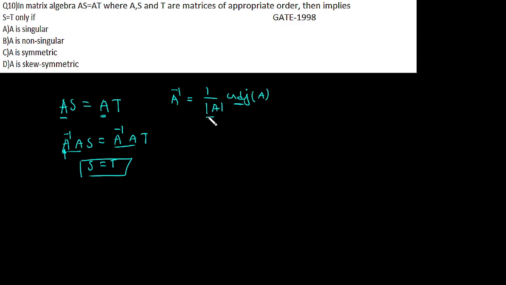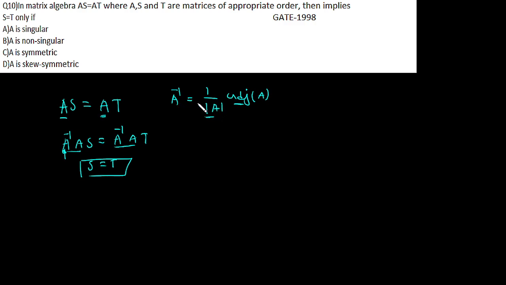But here, if we want to find the inverse, then the matrix A must be non-singular. That means the determinant must be non-zero because we have to divide this adjoint by the determinant. If the determinant of any matrix is zero, that means the matrix is singular, then we cannot find the inverse because we end up with zero in the denominator.